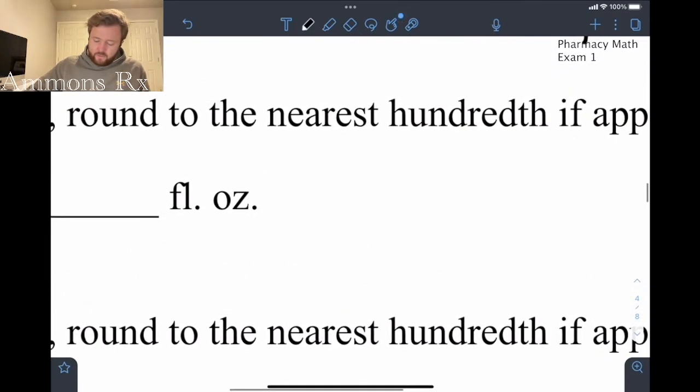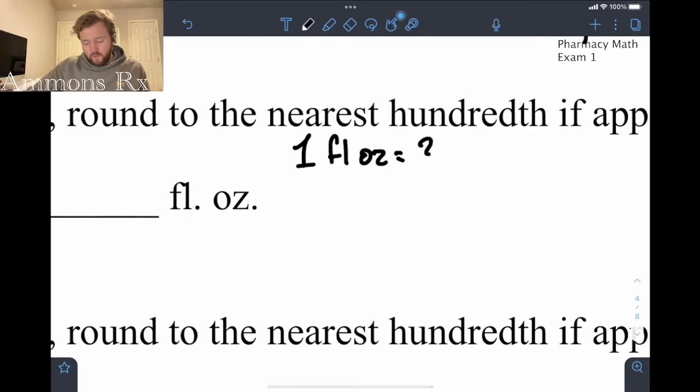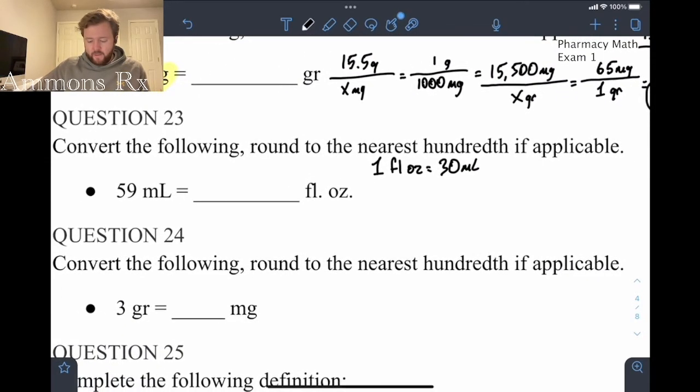Mils to ounces. How many mils in a fluid ounce? You said 30. You're correct. Just looking at that, I'm telling myself, if there is 1 fluid ounce, 30 mils, and I have 59, which is very close to 60, it's probably going to be 2.